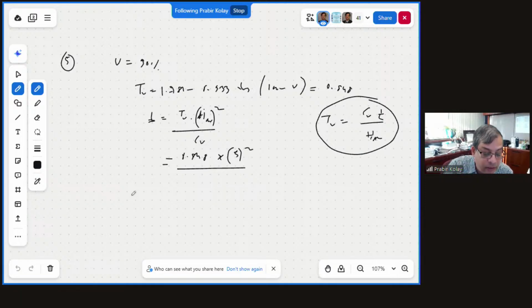And then C_V is given also: C_V is 1.5 times 10 to the power minus 7 meters square per second. Again, you need to convert that into days, so you multiply by 24 times 60 times 60, and then you will get it in days.